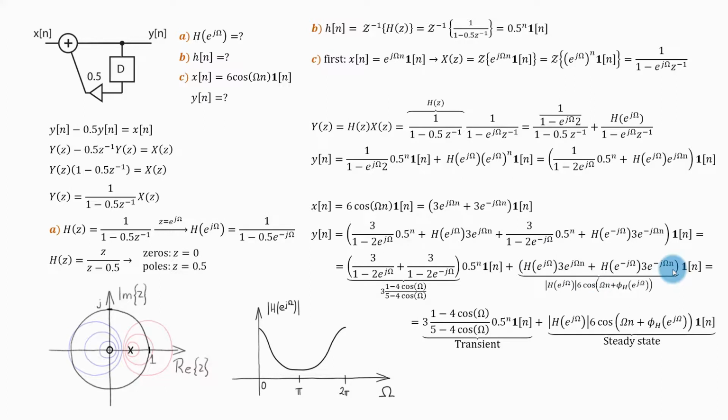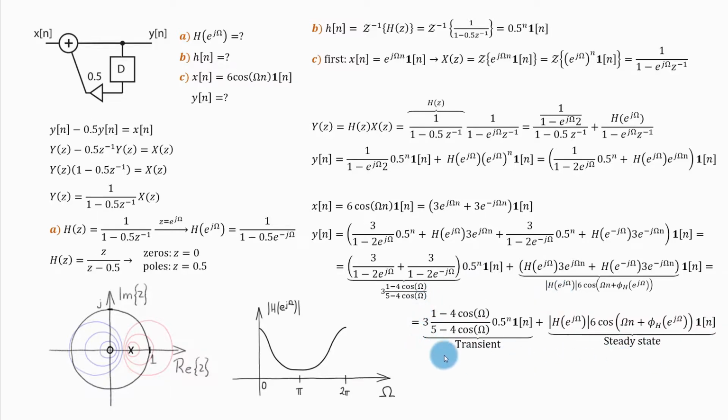On lecture 7, I showed you that the combination of these two complex exponentials can be written in this form, where this is the amplitude frequency characteristic and this is the phase frequency characteristic. So you can use these simplifications and write the output of your system in this form.